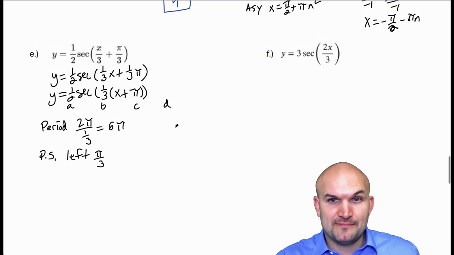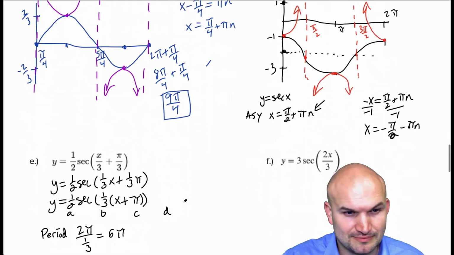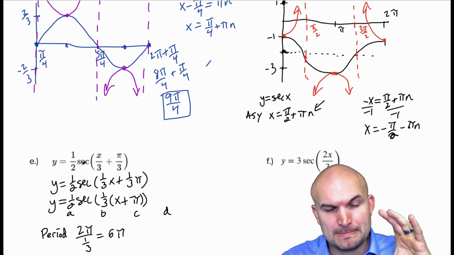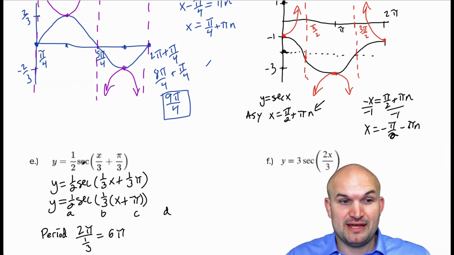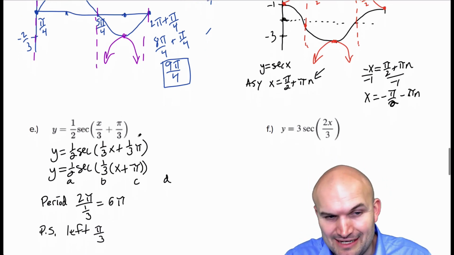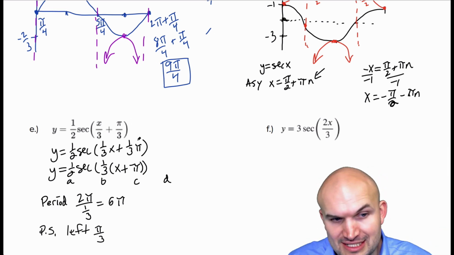As far as do I have anything over here in this equation? Yeah, so in this one, you can see that my range is affected by the 1/2, but my asymptotes are affected by what's inside of the function. And that's the important thing: understanding the difference between operations outside compared to inside of the function.